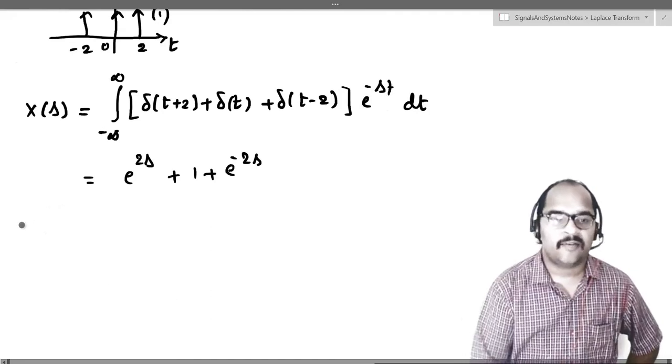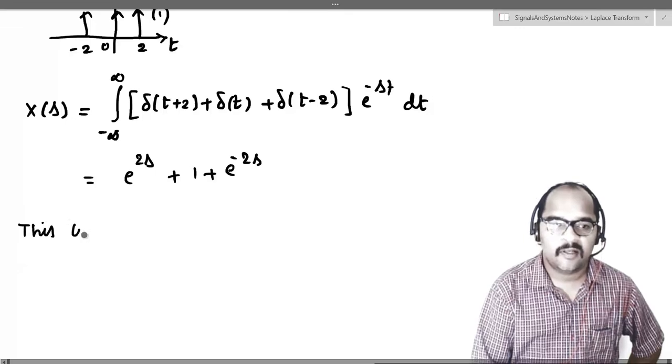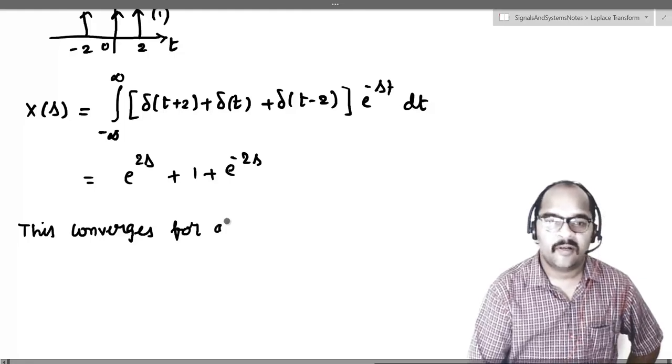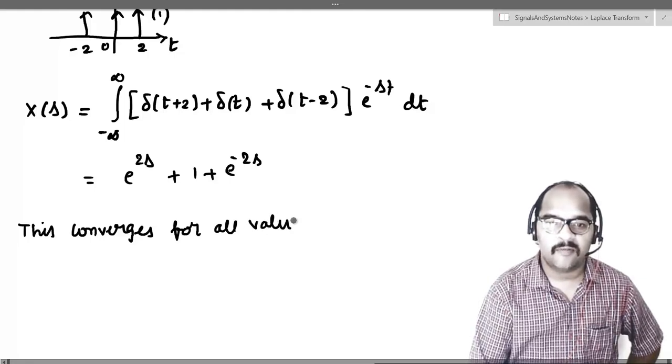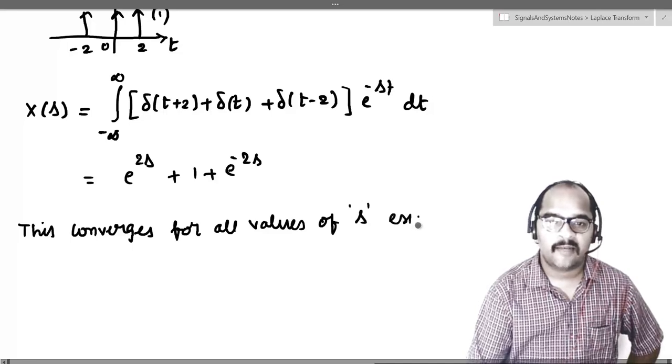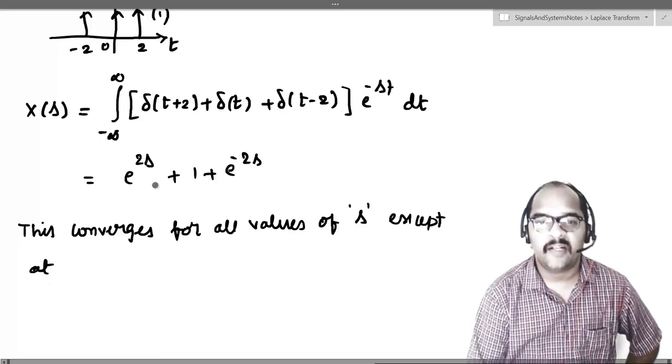So when will this converge? This converges for all values of s except at where? When s equals minus infinity, one term would be 0, but the other will become infinite.